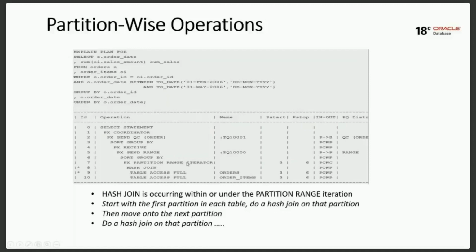Conceptually, we start with the first partition in each table, do a hash join on that partition, then move into the next partition, and do another hash join, and so on and so forth. So it's doing the joins now not between two large tables, but between smaller chunks of data, and that is the hash partitions that Oracle will be actually working on, as opposed to the table. So that's called partition-wise joins.